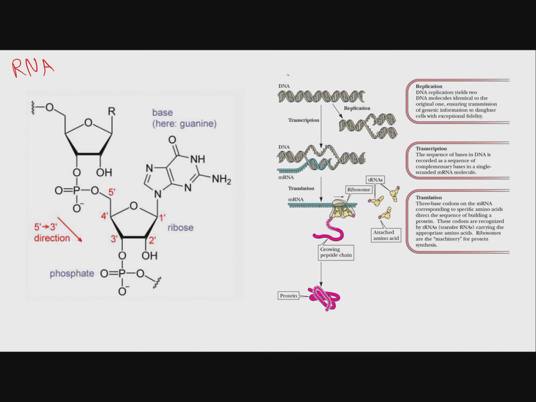Now, the central dogma of biology has been that DNA is the information carrying molecule, and that it goes to RNA for translation and making into proteins. What we've seen in the last couple of decades is that that's not always true.